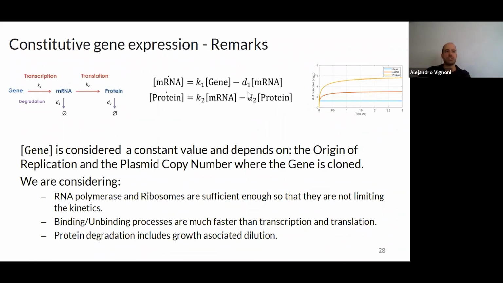You can change the value of this one, D2, depending on that, but that will depend on many things that will happen in the cell. Something that you will have to do is to make an experiment and measure, maybe have the protein with the tag and without the tag, and compare the speed of growing of these curves, and you will be able to measure that difference there, okay?